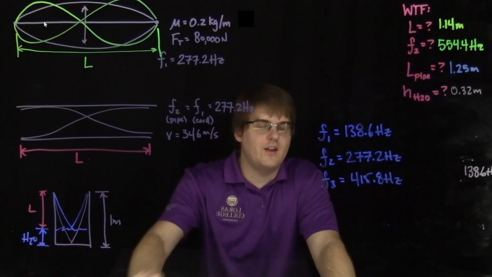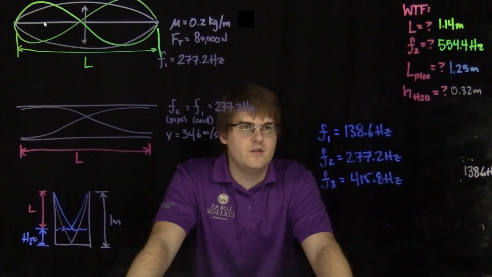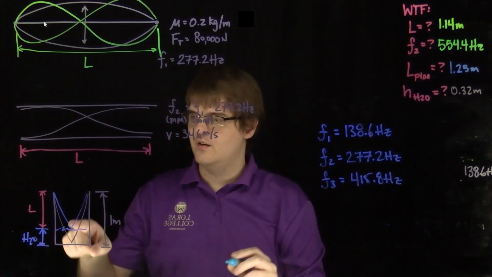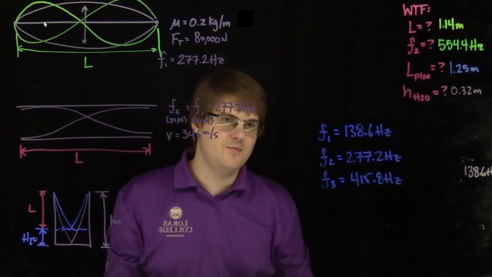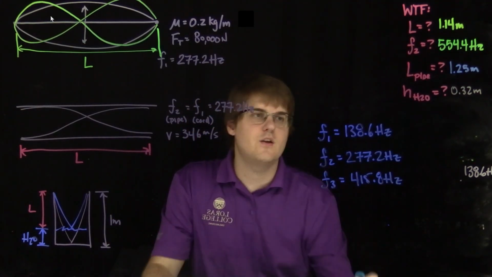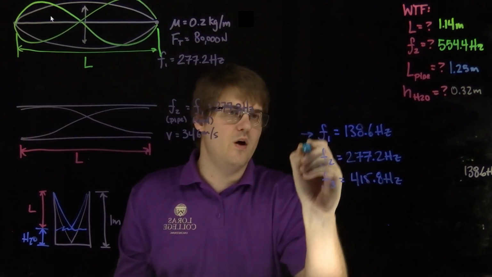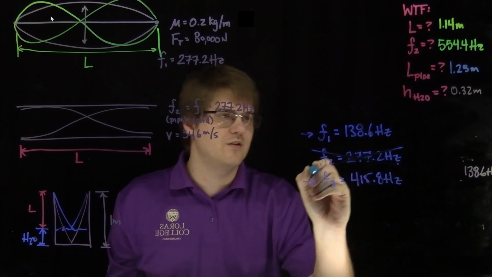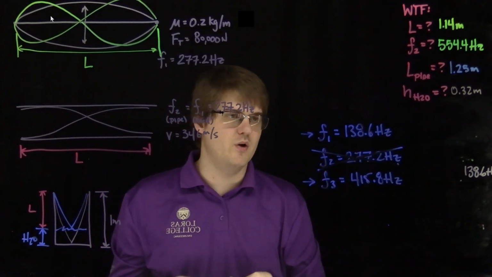So yes, we're seeing that 277.2 there, except we're not. Because if you recall, this system only creates odd harmonics. So it creates frequency 1, and it'll create frequency 3, but it will not create this 277.2 sound.